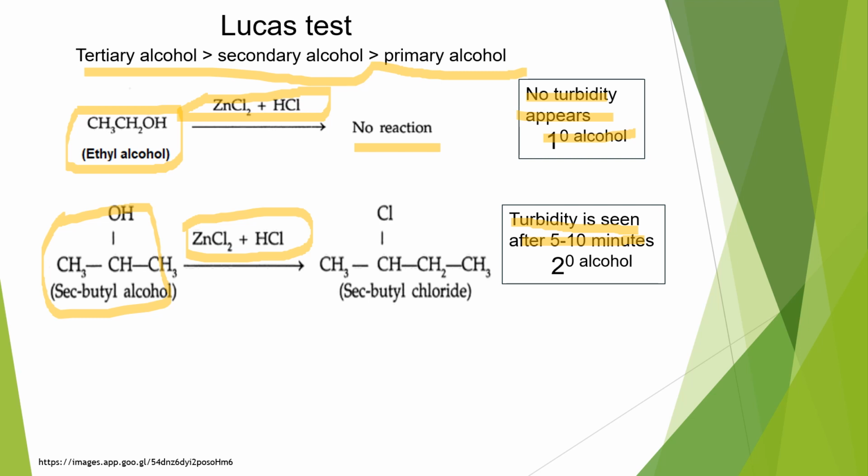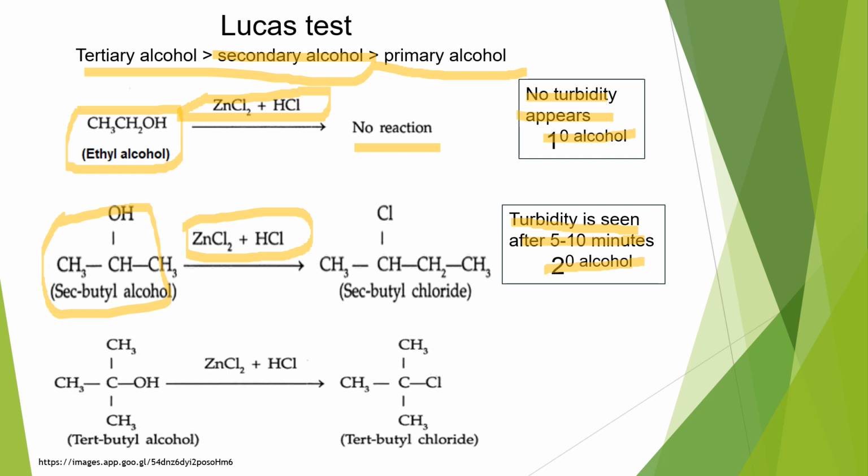Even then if no turbidity appears, it indicates it's a primary alcohol. But if the turbidity is seen after 5 to 10 minutes, it is a secondary alcohol. Because secondary alcohol reacts moderately, the rate of reaction is moderate with the Lucas reagent. Hence, it takes some time to form the product. So, appearance of turbidity in 5 to 10 minutes indicates the given alcohol is a secondary alcohol.